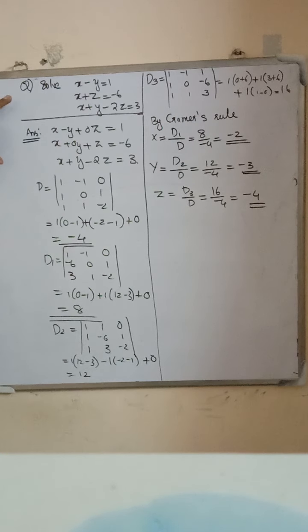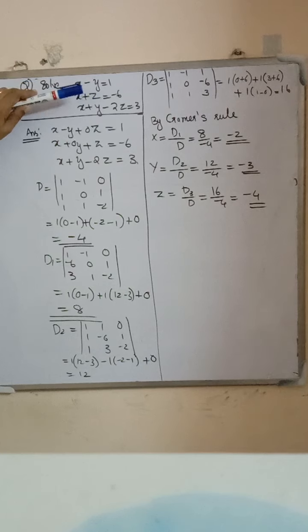Now let us discuss a problem. Solve x minus y is equal to 1, x plus z is equal to minus 6, x plus y minus 2z is equal to 3. Write this system as x minus y plus 0z equal to 1.